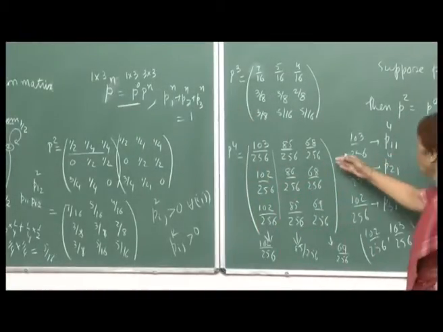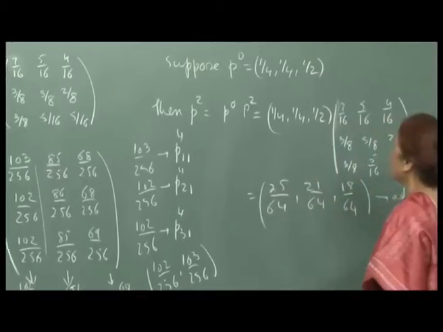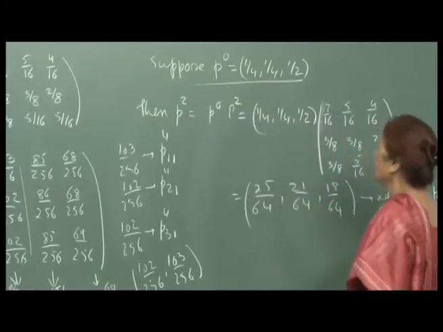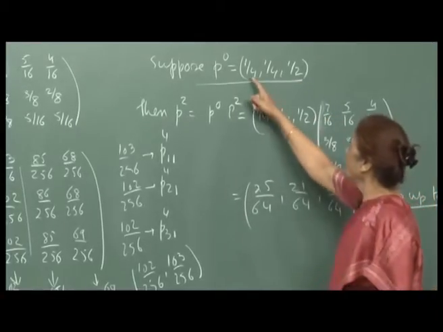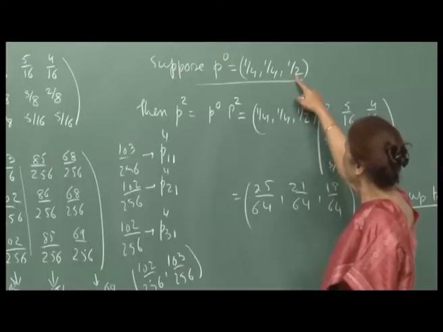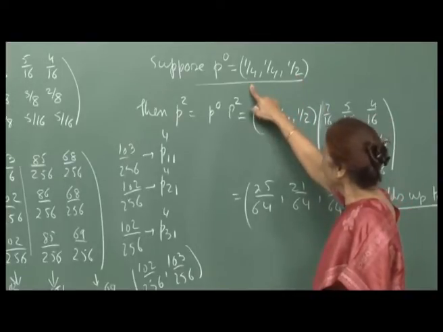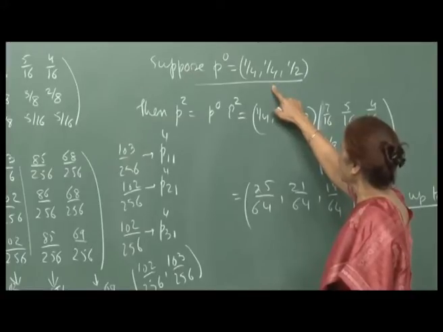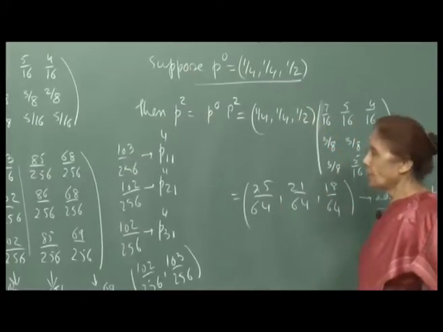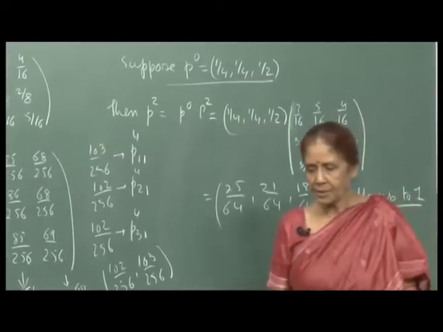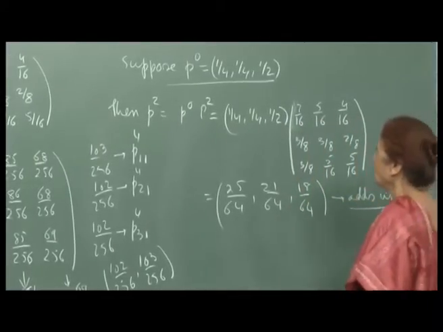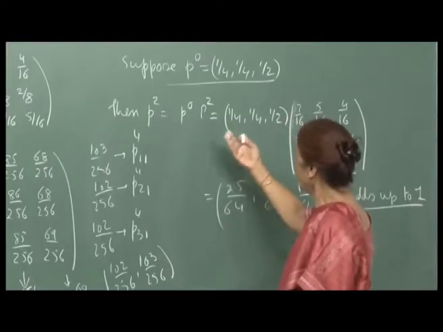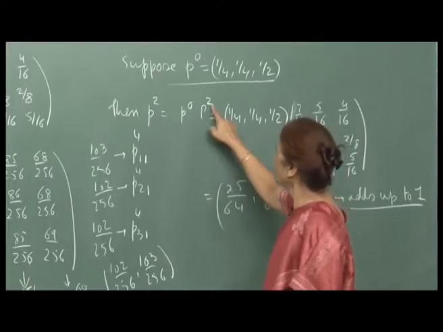Now suppose for this job assignment problem, your initial probabilities are given by 1 by 4, 1 by 4, 1 by 2. That means the probability of being in production is 1 by 4, the probability of being in HR is 1 by 4, and the probability of being in sales is half. Then you want to ask what the probabilities of being in state 1, 2 or 3 are after 2 transitions.